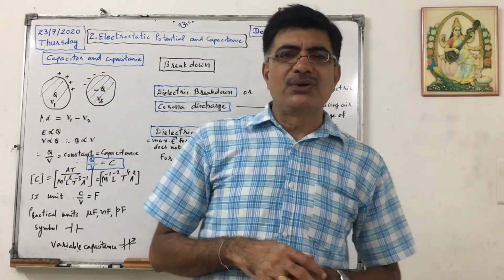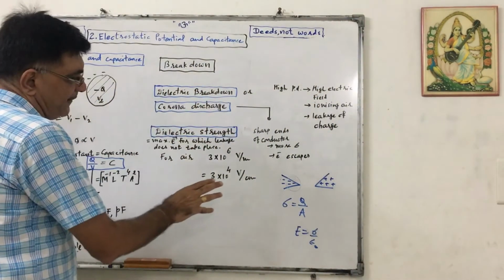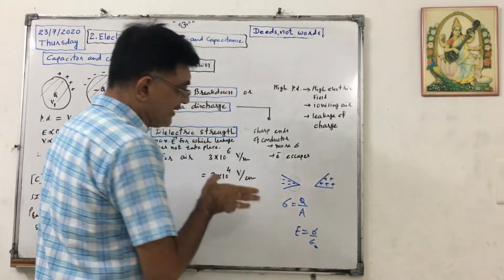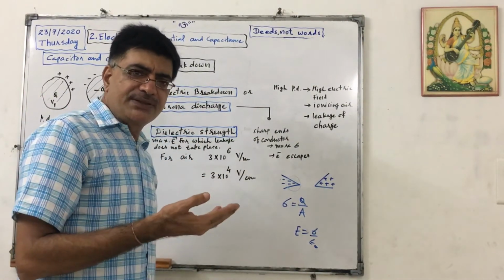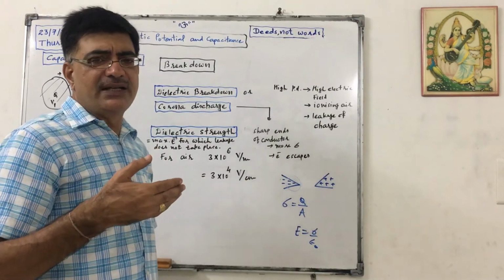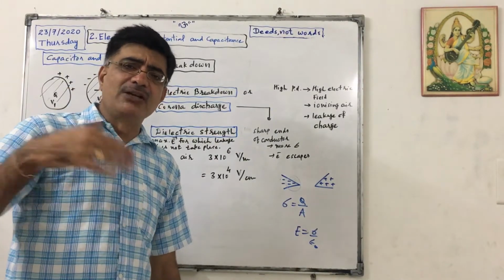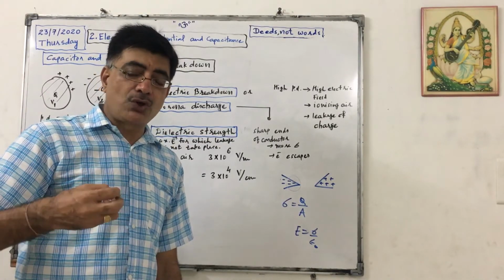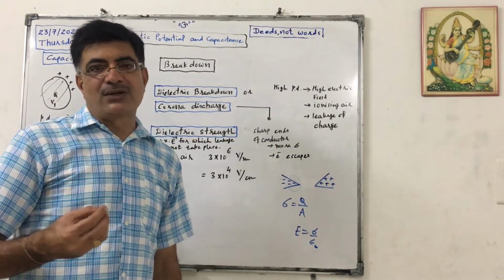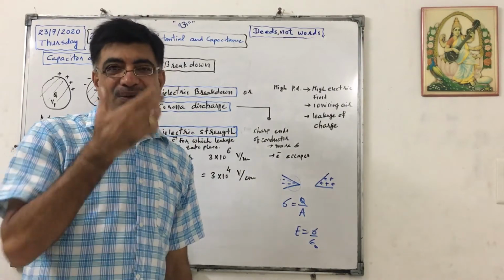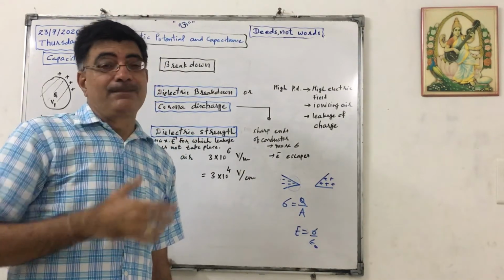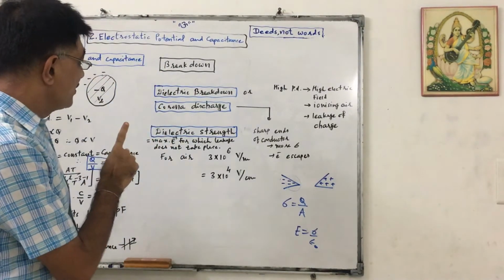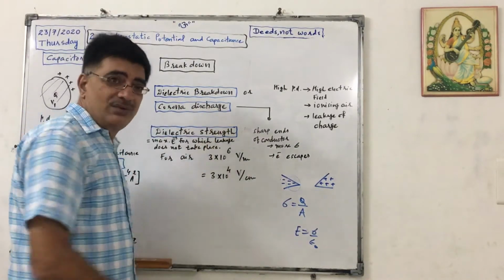So here, if the plates have very sharp edges, then the surface charge density will be of very high value. In that case, the electric field will be very strong and electrons can escape. This is called corona discharge or dielectric breakdown.